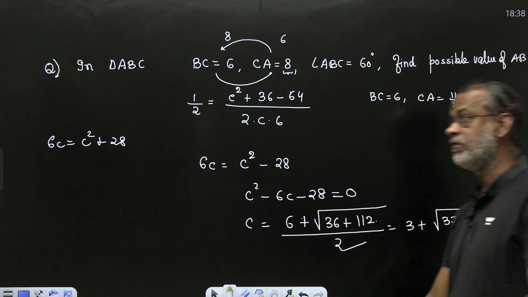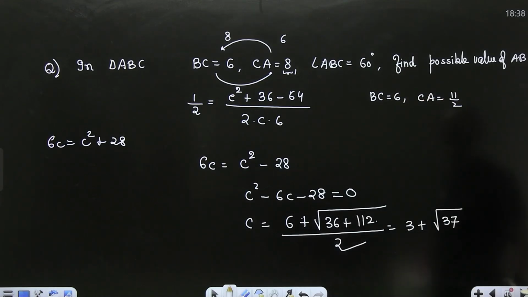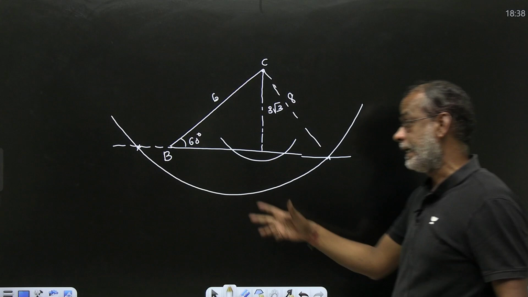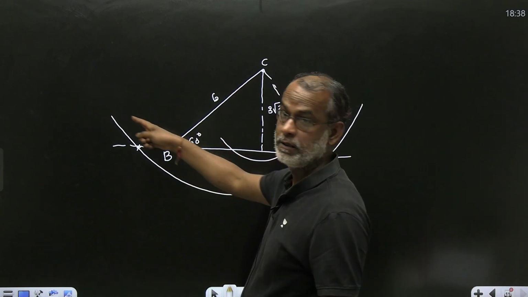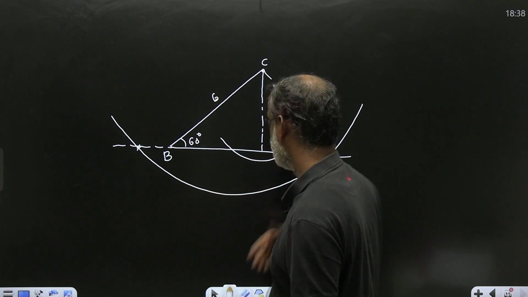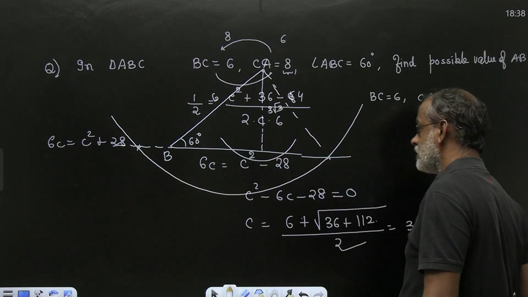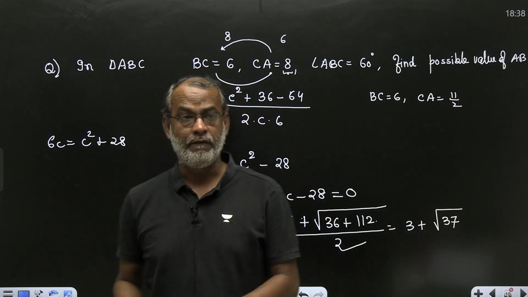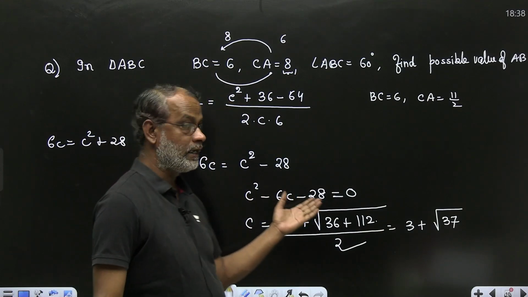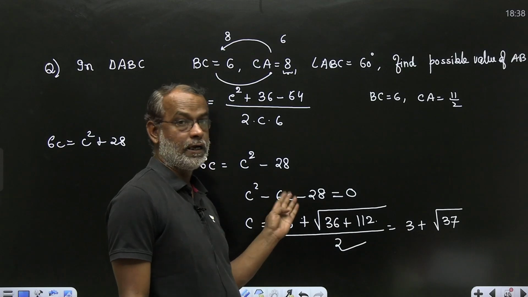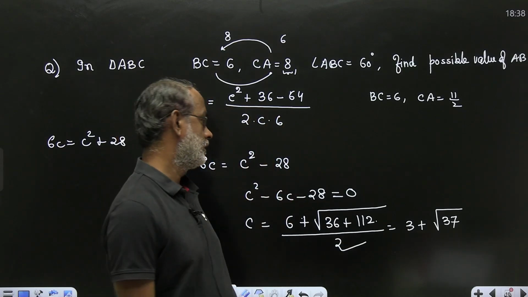In that case, you would have got 2 triangles, because the moment you say this side is greater than 6, you only get 1 triangle. The idea is not to remember these stuff. The idea is to always apply cosine law. You get a quadratic. If both roots of the quadratic are positive, you get 2 triangles.